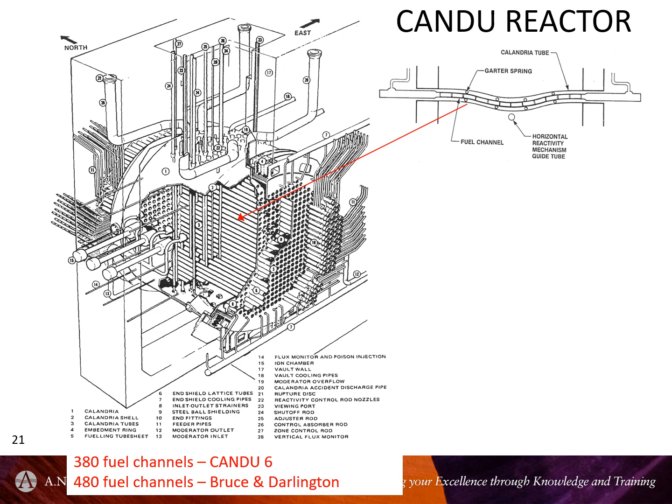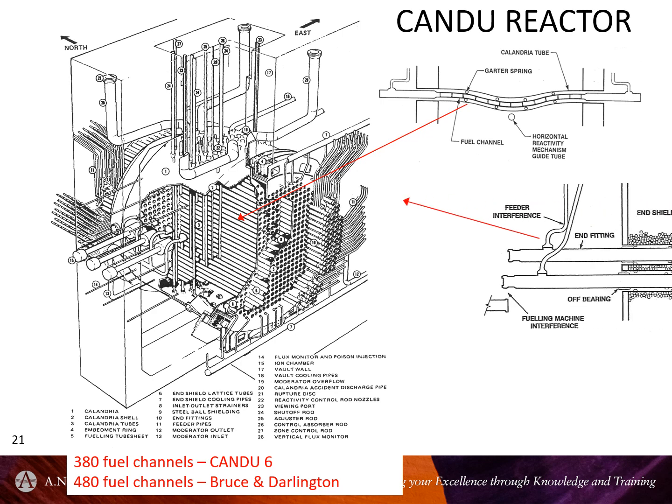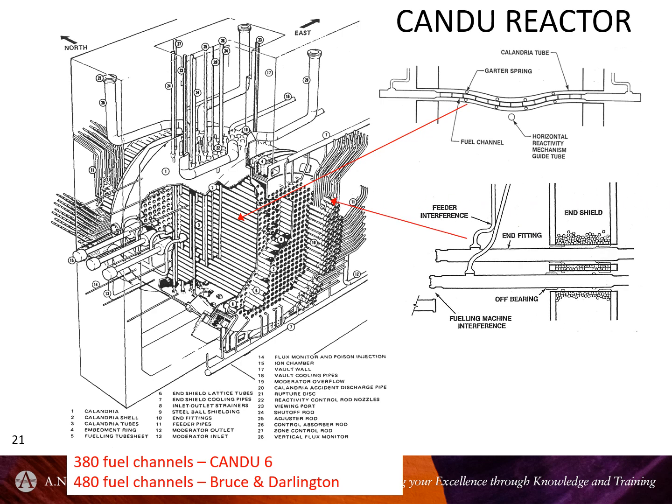The CANDU reactor is typically 600 megawatts with 380 channels. And the problem with creep there is that these channels are horizontal in the reactor, and if they sag, which they do over time, they interfere with reactivity mechanisms. Likewise, the feeders for the coolant, inlet and outlet, start to interfere with each other when these channels elongate.